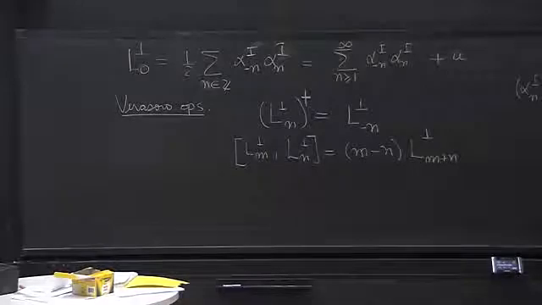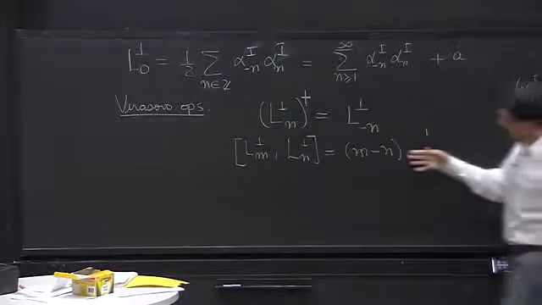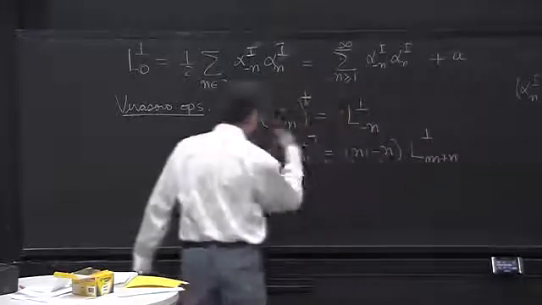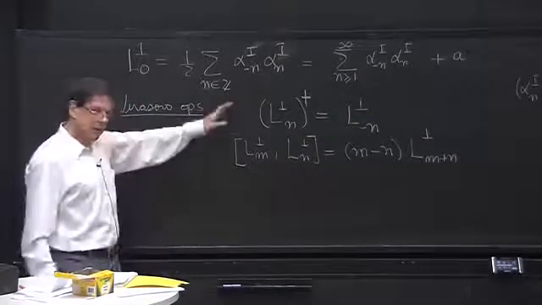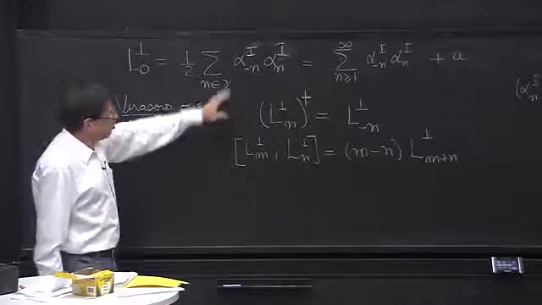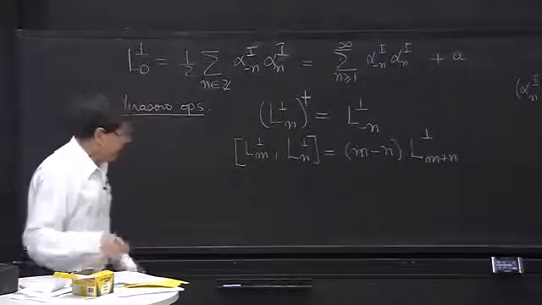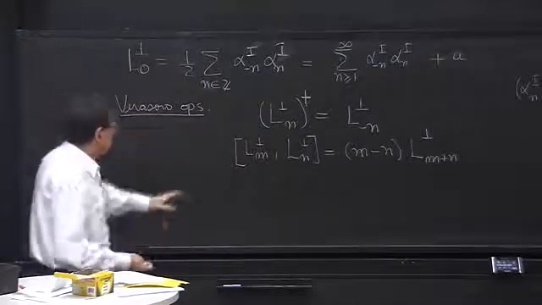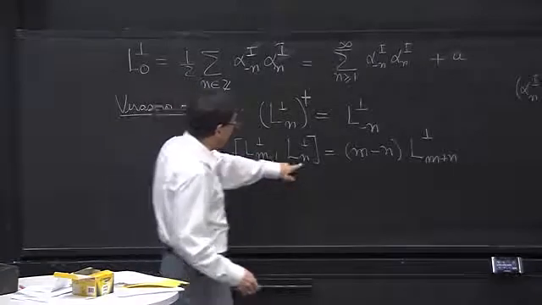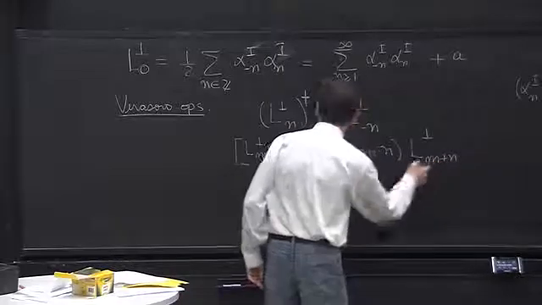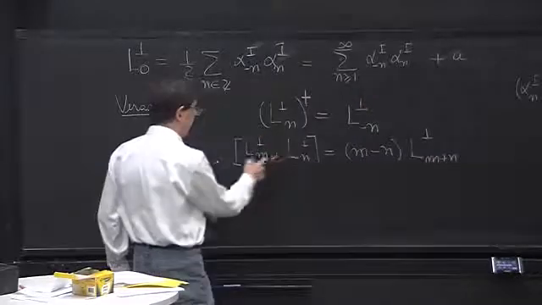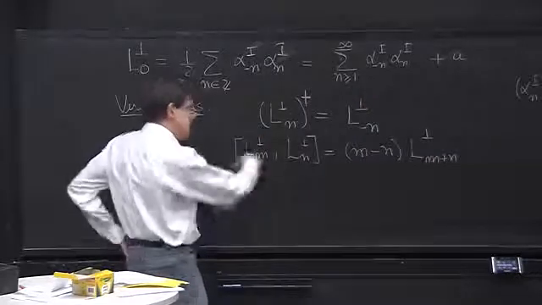And the computation is relatively easy. You can take your Virasoro operators and do the commutator. Please read it or do it. It's something all of you, if you're new to string theory, should do. And this is the result when m plus n is different from 0, so these two don't add up to 0.